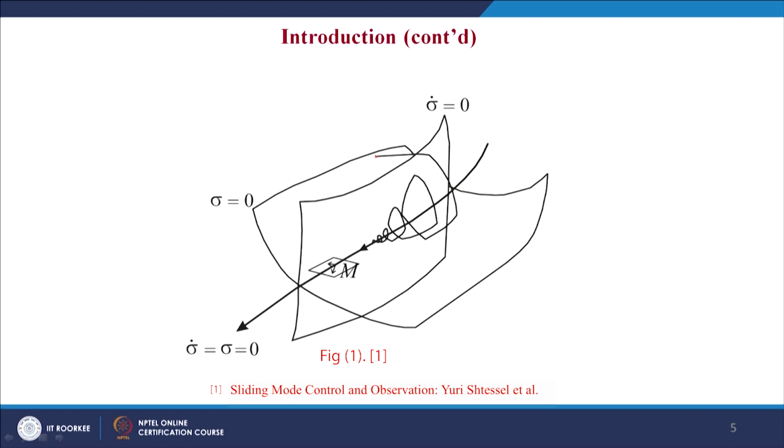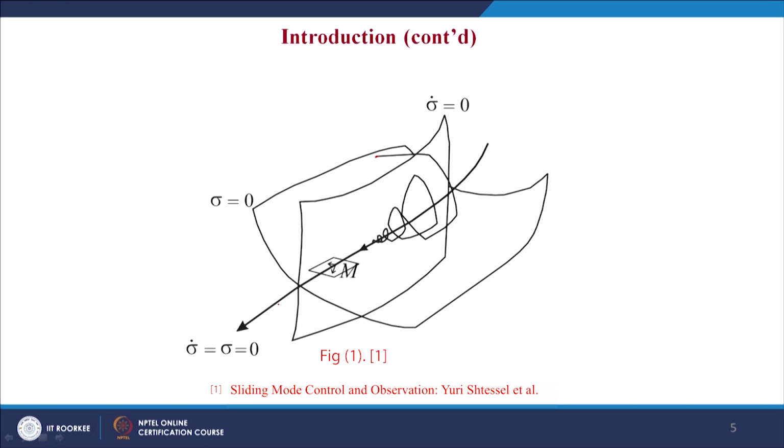And how this trajectory converges to the equilibrium point is through multiple twistings of the state trajectory, and each time we see that the twisting distance as well as the time to reach the intersecting line is reduced.